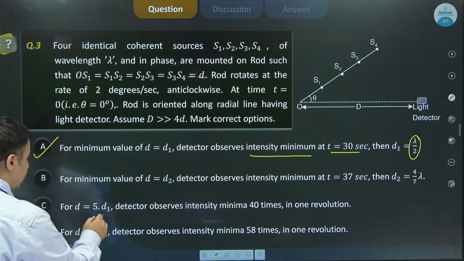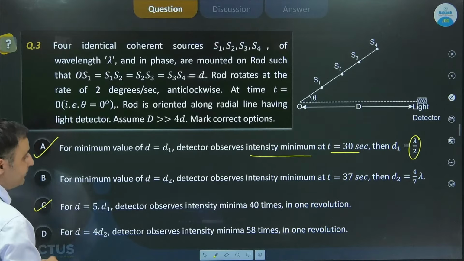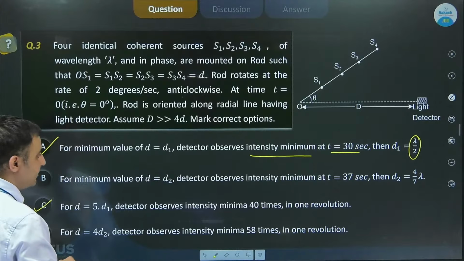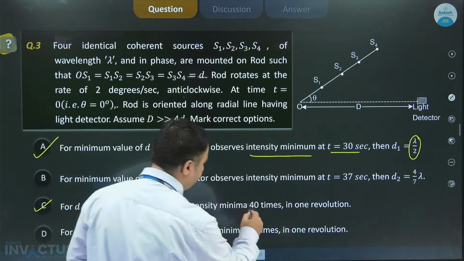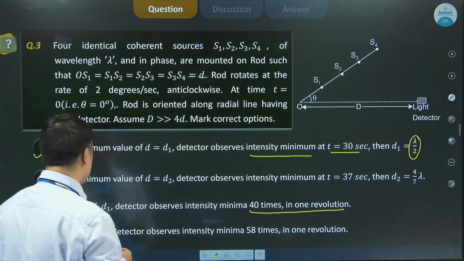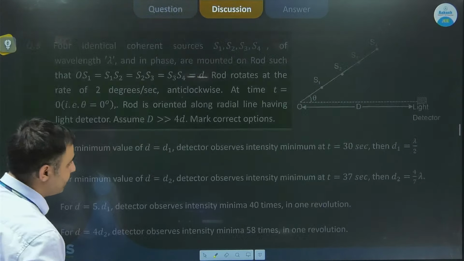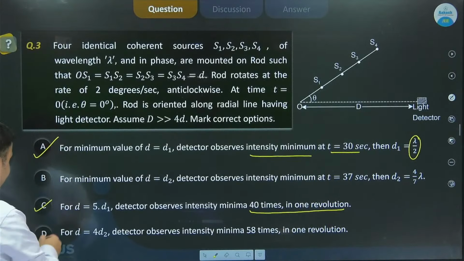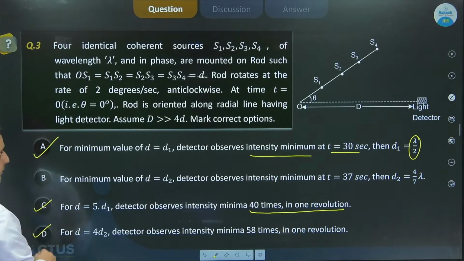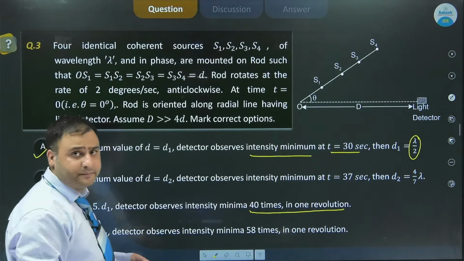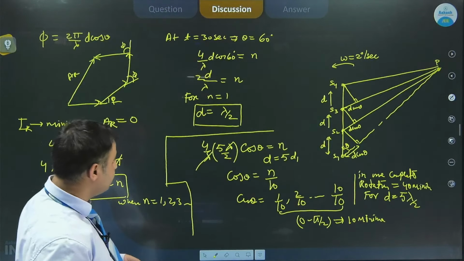So for d is equal to 5d1 means 5λ by 2, detector observes minimum intensity 40 times in one rotation. So this is the correct option. Similarly, we can check options B and D and find option D will also be correct with a similar analysis. Now let's move on to the next question.